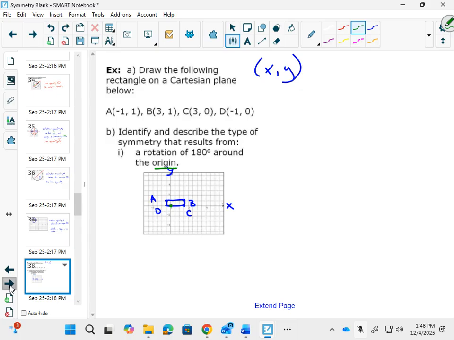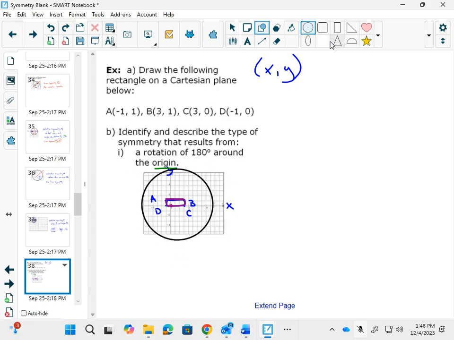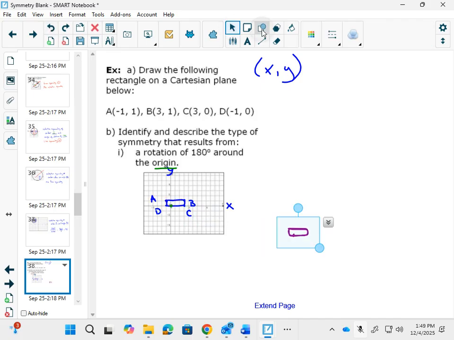What we're going to do is take the original shape and copy it in purple. Drag that purple copy off to the side, create a circle right at that point, and group those together.